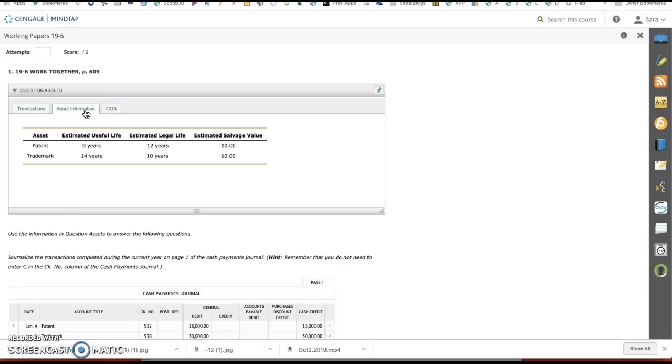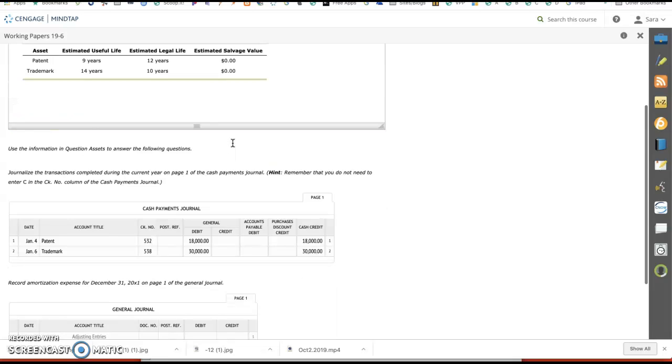And so let's see, we're doing the patent first. And so we take our original cost, which was $18,000, and our salvage value, unless they tell us different, is going to be 0. So we see it's 0 there. So 18,000 minus 0 is still 18,000.